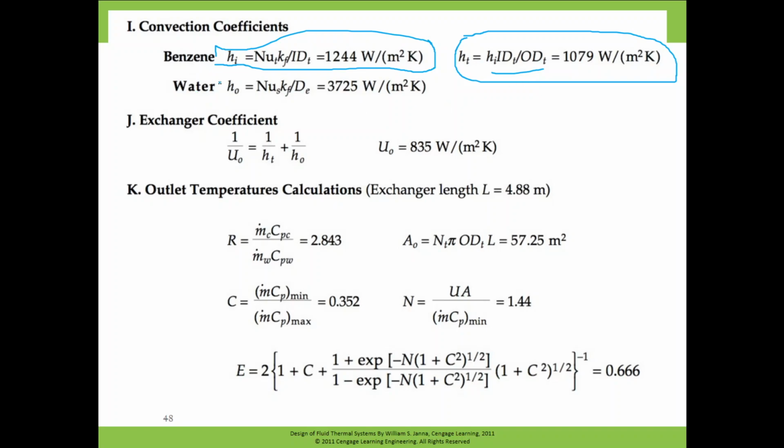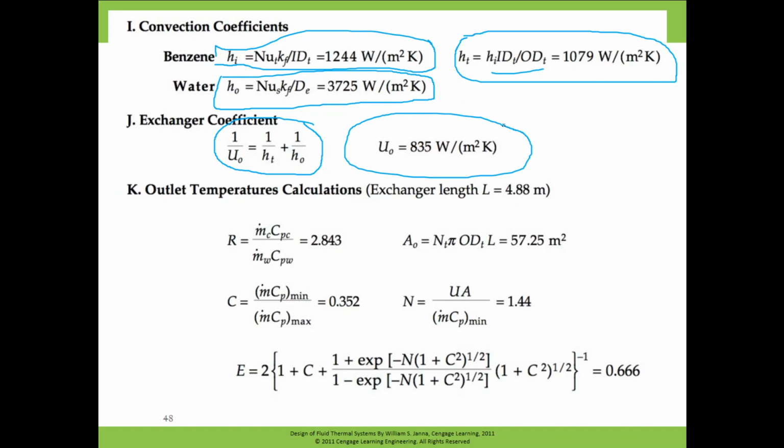Then we can calculate the shell side heat transfer coefficient H0, which comes out to be 3725 watt per meter square Kelvin. Now if your heat exchanger is new, then you can calculate the overall heat transfer coefficient without taking the fouling factor into account, and when you substitute the values, it comes out to be 835 watt per meter square Kelvin.